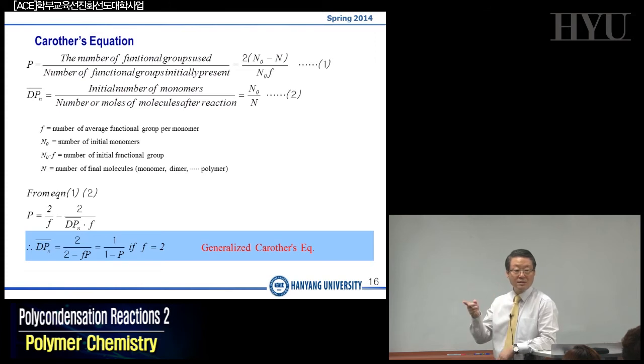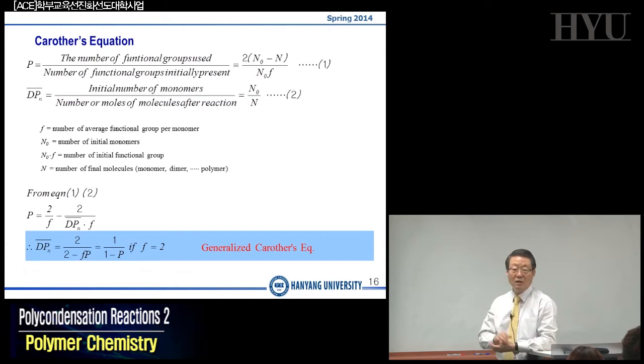One carboxylic acid will react with only one hydroxyl group. The other carboxylic acid will react with one more hydroxyl group. So all the carboxylic acid groups have reacted already. It doesn't matter how many excess hydroxyl groups are present.